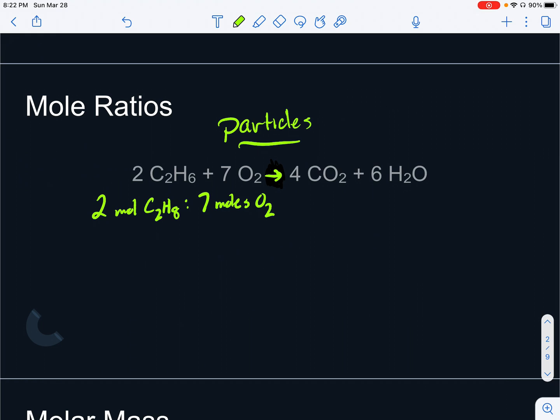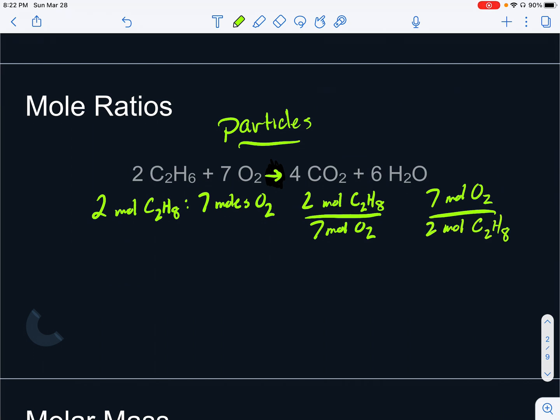The other way that you can express a ratio is as a fraction. So you can say 2 moles of ethane to 7 moles of oxygen, or you could say 7 moles of oxygen to 2 moles of ethane. You can express it either way.